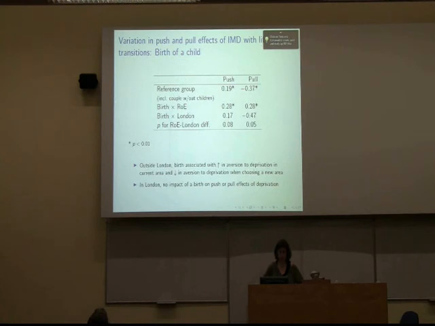Okay, so perhaps if a person wants to move after a new child, to perhaps move to a larger house, they have to move to a deprived area in order to afford to do so. Whereas in London, it turns out there's no impact at all of a birth on push or pull effects.